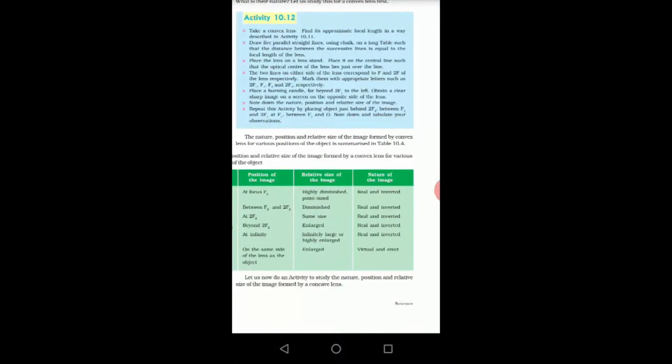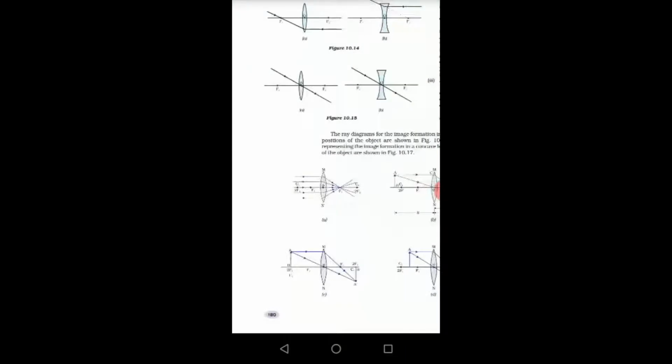Number 2, highly diminished, point size, you can say. Number 3, real and inverted. And see the figure A of page number 180 of NCERT book. You observe figure A when object is placed at infinity.